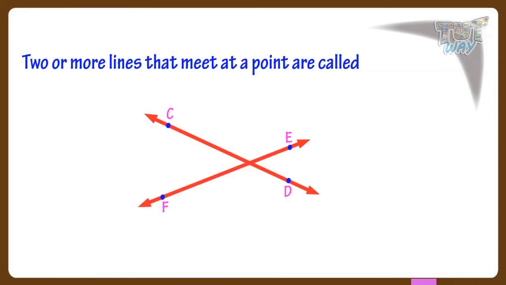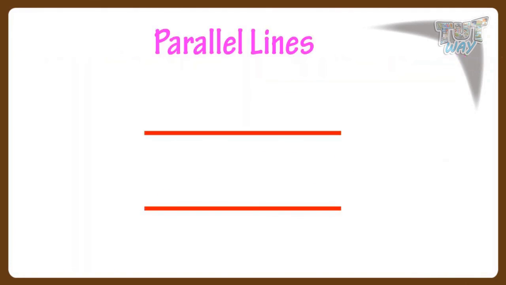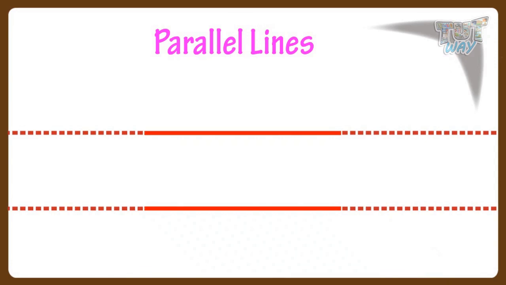We learned that two or more lines that meet at a point are called intersecting lines, and the point at which they meet is called the point of intersection. We also learned that parallel lines are lines that can never meet on extending. The distance between them always remains the same.